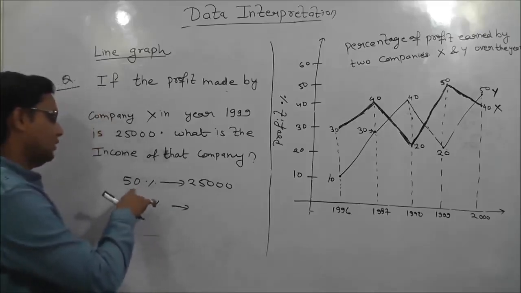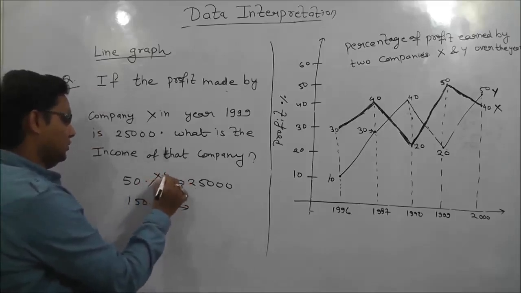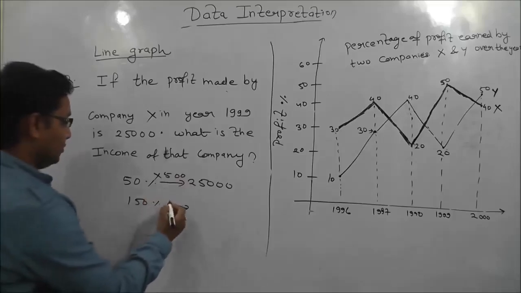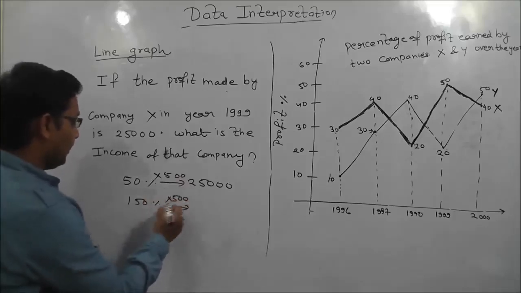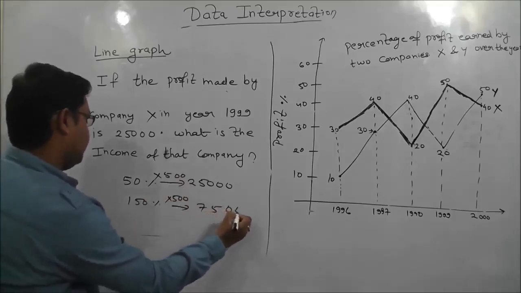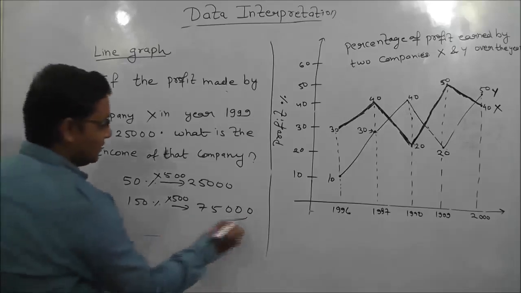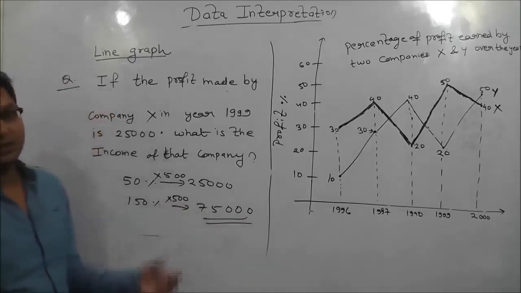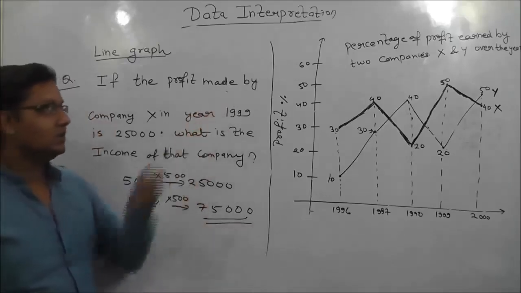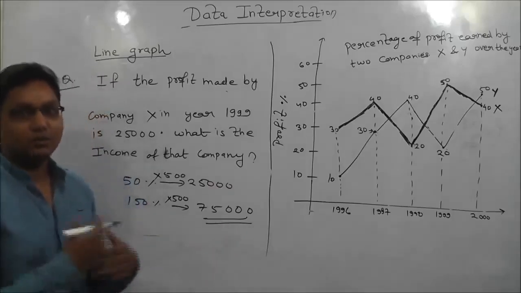So we multiply 25,000 by 3. 50 into 5 is 75 and we put 000. So the income will be 75,000. In this easy way we can solve all the questions based on profit percent, expenditure and salary. Let's move on to the next question.